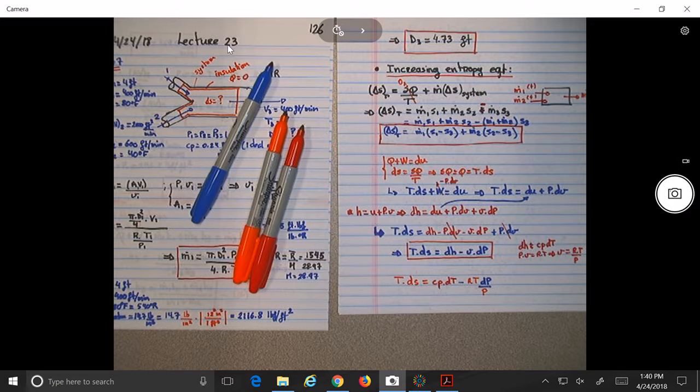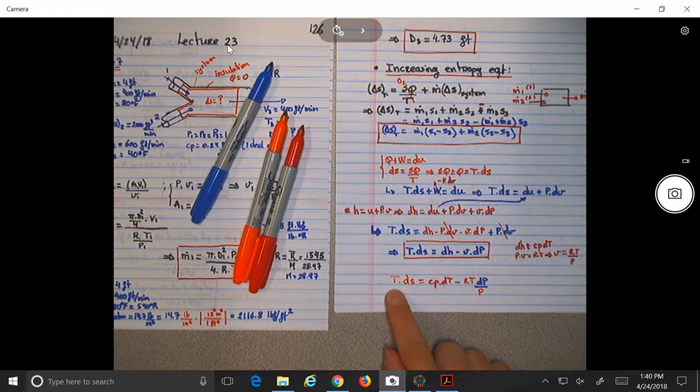Why am I doing all this? Because we're trying to solve for dS, the change in entropy. So what can I do? I can divide everything by T, or move the T to the other side.